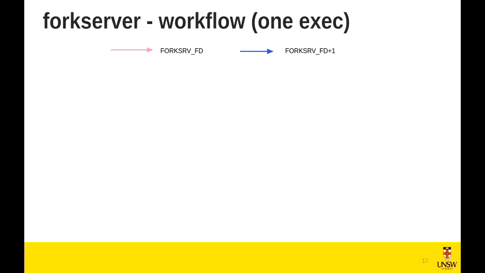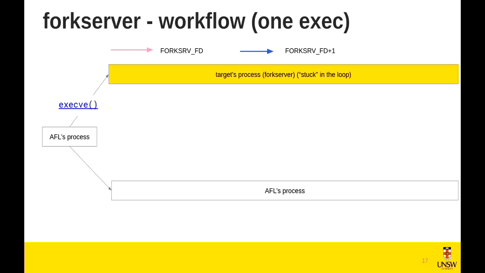So let's remember this. And let's start with AFL's main process. When we just start fuzzing, there's only one process, and that is AFL's main process. And then AFL will do a fork here.